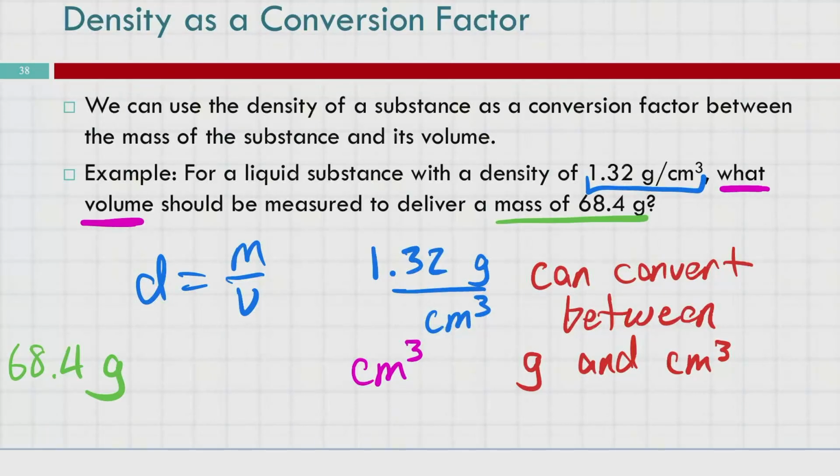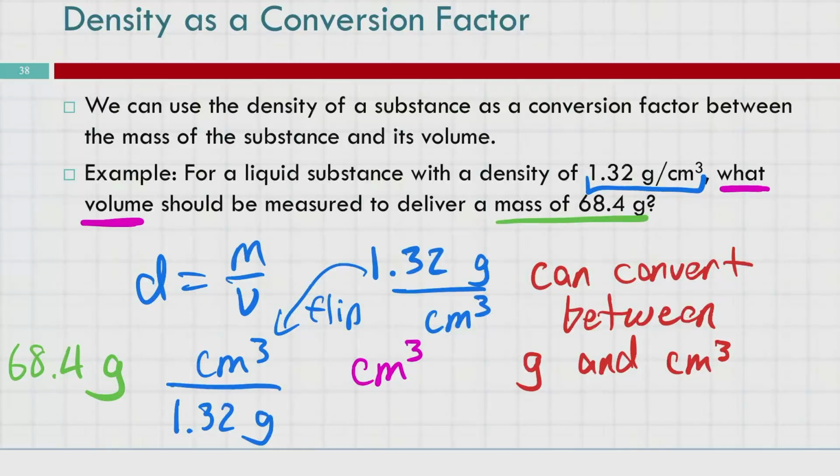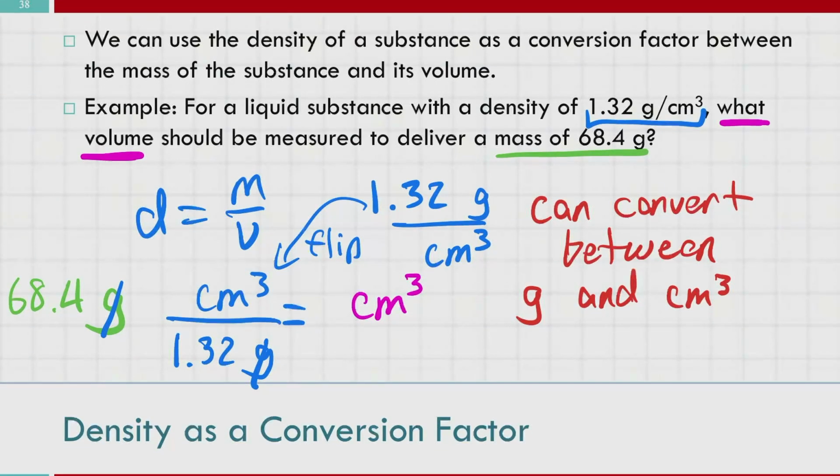So if we flip this, 1.32 grams per cubic centimeter. Flip. The 1.32 grams goes on the bottom. The cubic centimeters goes to the top. Our grams cancel. The unit that's left is cubic centimeters. So we'll get out a value in cubic centimeters.